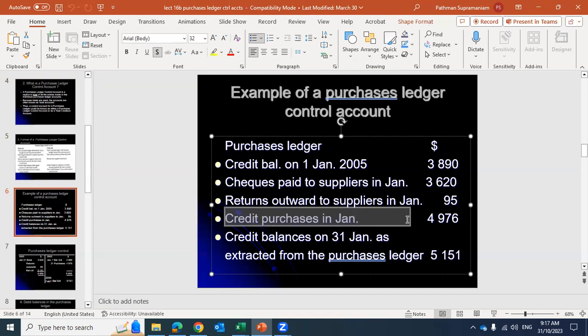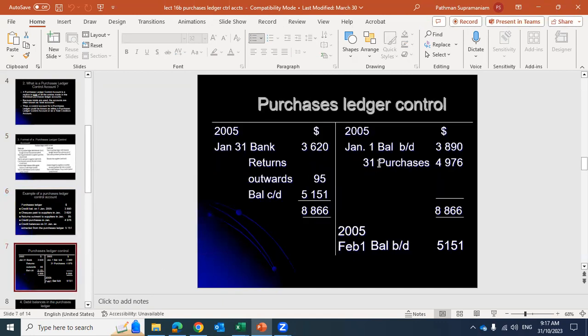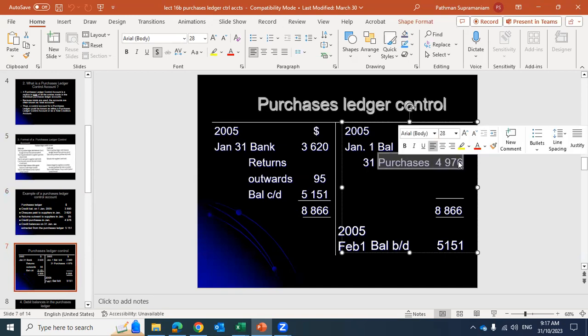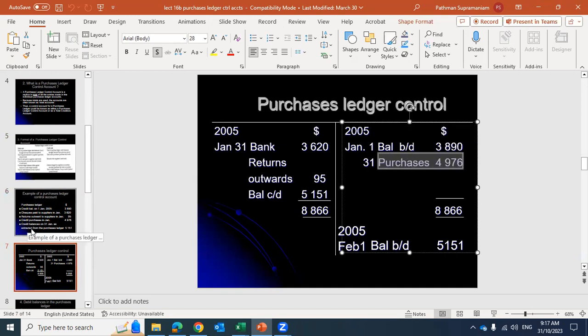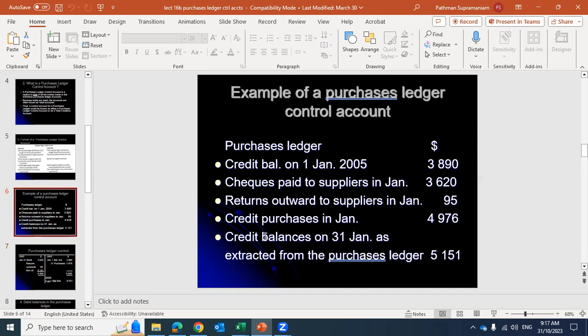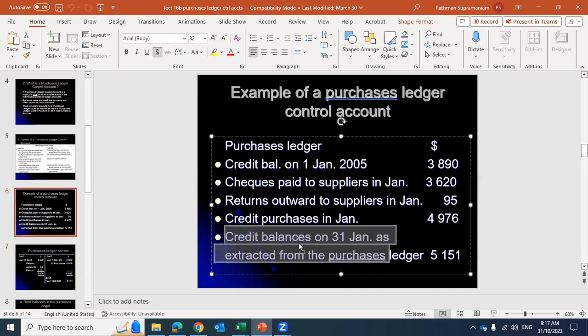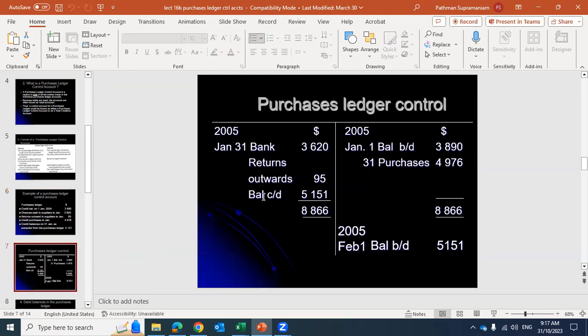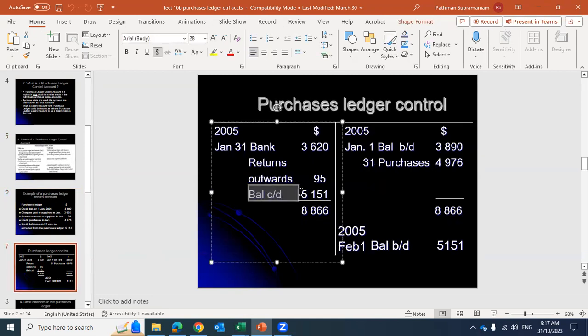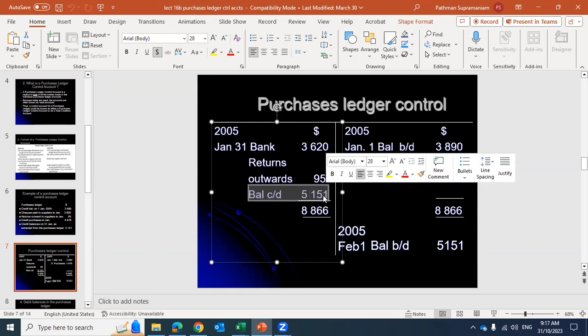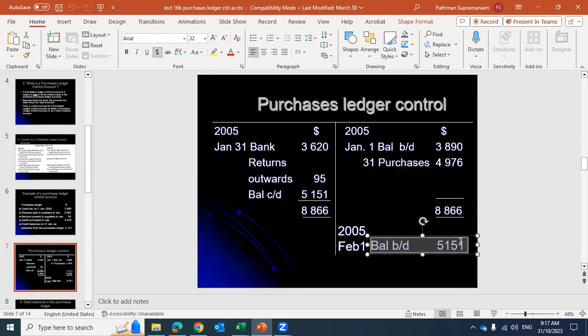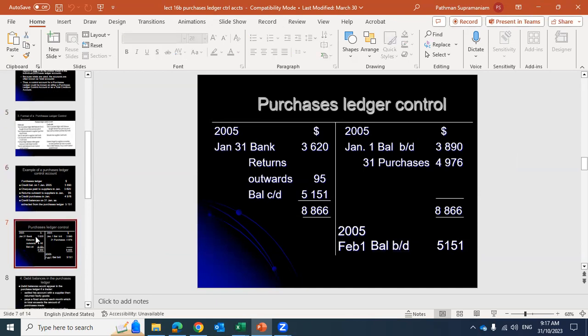Credit purchases in January should be placed on the credit side. Coming to the end of the month, they mentioned this is a credit balance, so the balance carried down should be placed on the debit side and brought down to the credit side. This is how you work a purchase ledger control account.